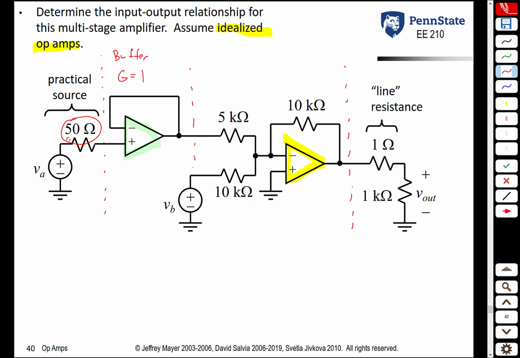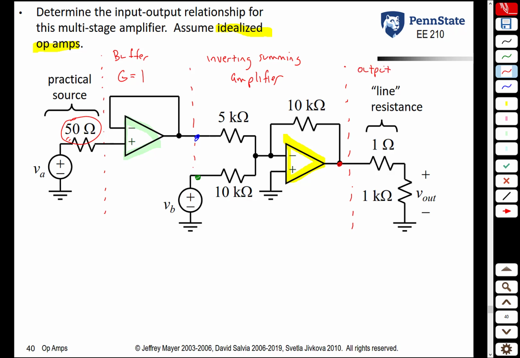Continuing, we see that this next configuration is just an inverting summing amplifier. It takes two signals, one coming from here and one coming from there, and mixes them together, each with a different gain, to give us an output here. Finally, we're saying that we're driving a 1 kilo ohm load, and we're assuming that there's a small line resistance of 1 ohm here. So this is our output.